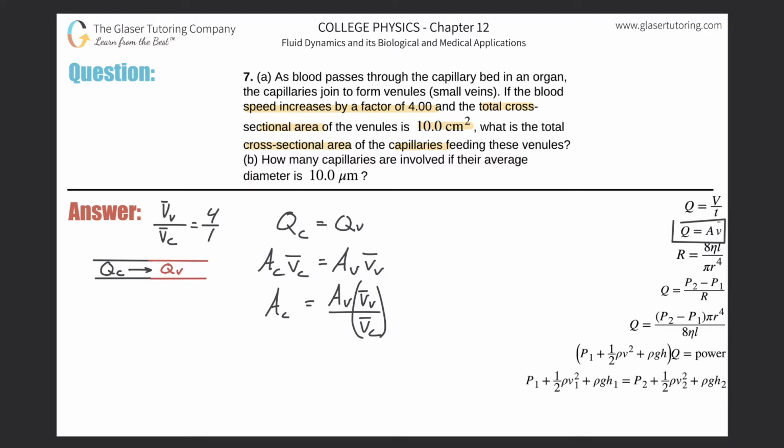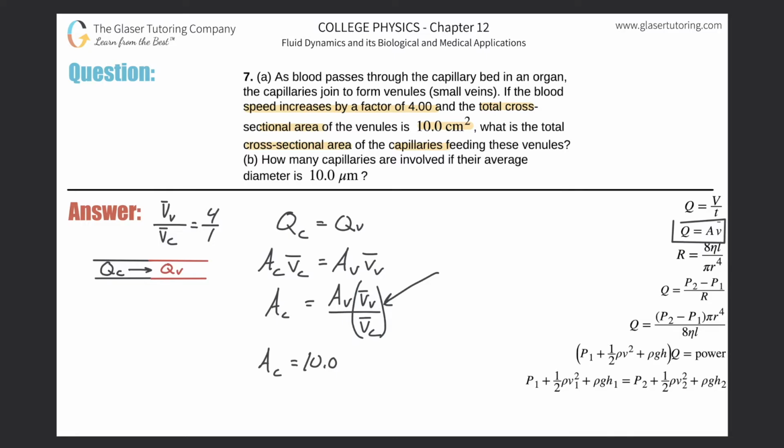And look at what we have over here. They're identical, correct? So now I can plug in and find the total area of the capillaries by knowing the total area through the venules, and they told us that. That's the 10 squared centimeters. Now I'm going to leave this in terms of squared centimeters in my calculation. Remember, though, that if I do that, this value will be in squared centimeters as well. The reason I can do that is that this is a simple ratio: velocity divided by velocity.